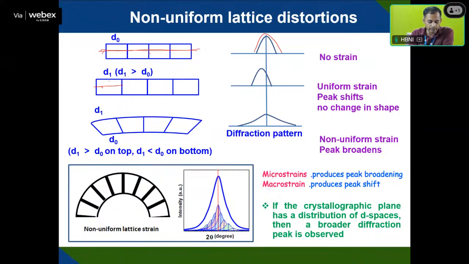But if it's bent like this, you can see on the top and bottom there are different d-spacings, and what will happen is that you will get a diffraction pattern that is broadened. So that means a non-uniform strain. If this type builds up, you have many strain effects coming into the picture, and finally you will get quite a broad peak due to the micro strain effect.